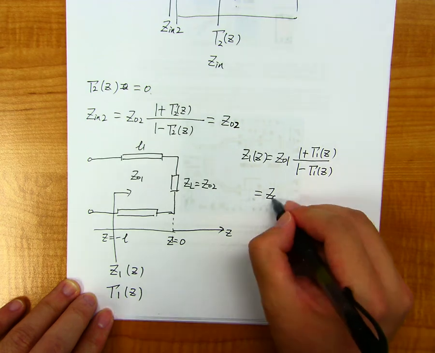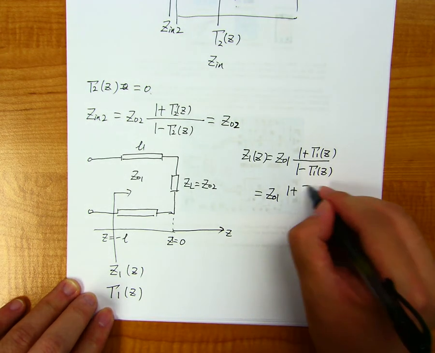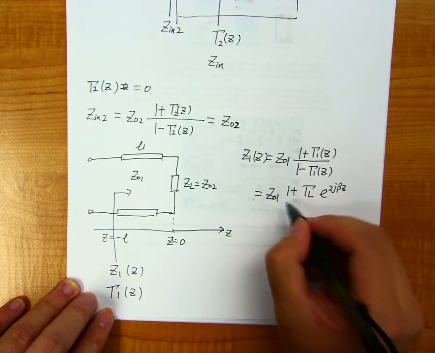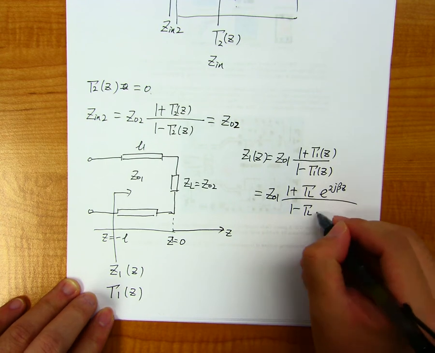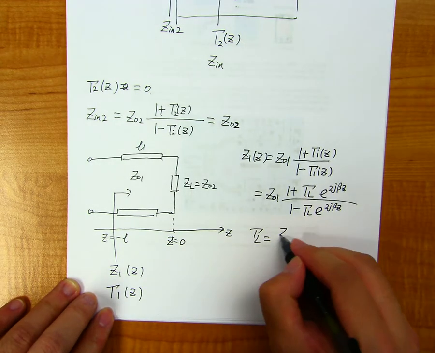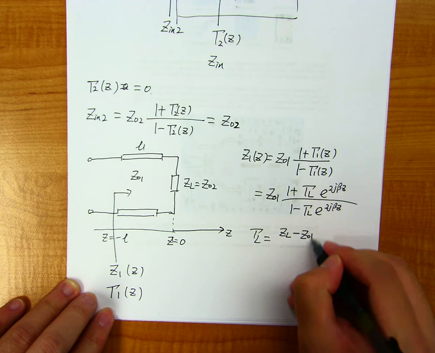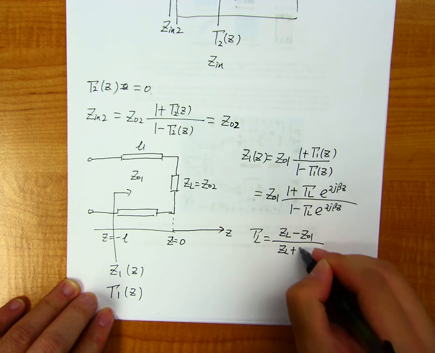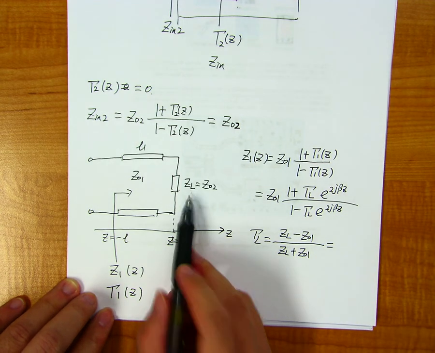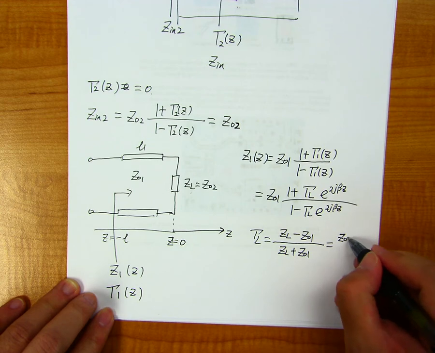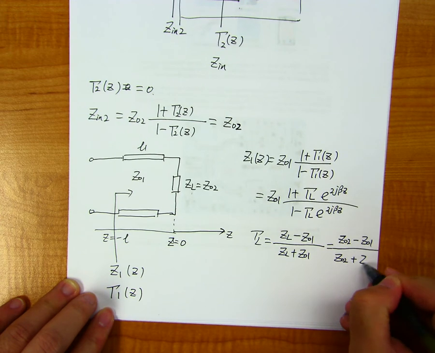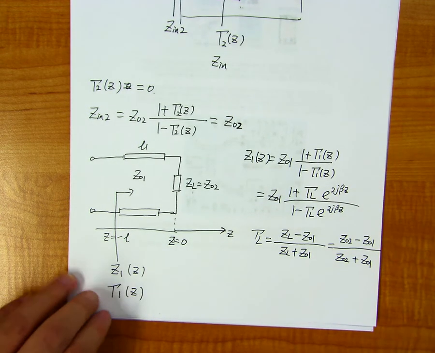Which is Z01 times (1 plus gamma L times e to the 2j beta z) over (1 minus gamma L e to the 2j beta z), where gamma L is equal to (ZL minus Z01) over (ZL plus Z01), which is, because ZL is nothing but Z02, right? So it's equal to (Z02 minus Z01) over (Z02 plus Z01), right? Okay?